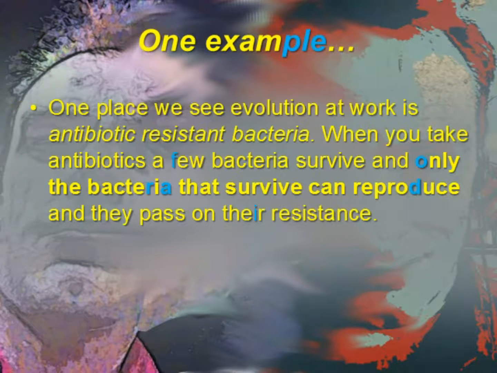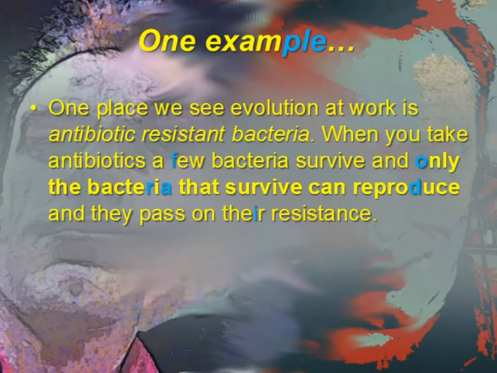So one example of evolution at work is in antibiotic-resistant bacteria. If you take a course of antibiotics and a few bacteria survive, then those bacteria obviously have the genes to survive antibiotics. When those bacteria reproduce, they will pass that resistance on.